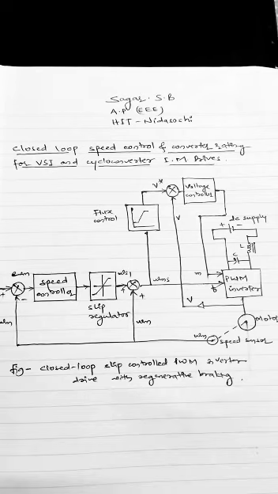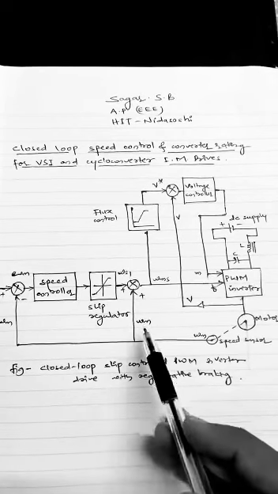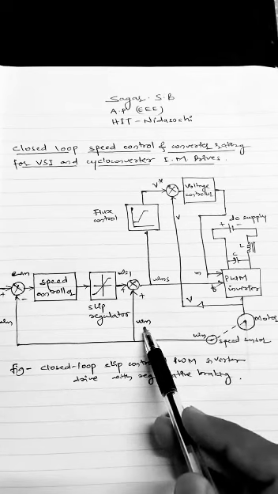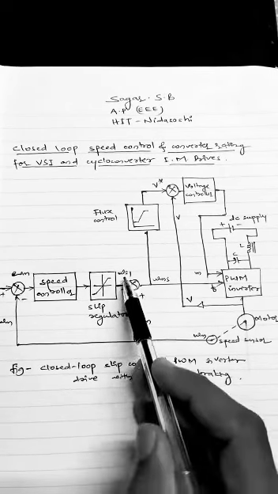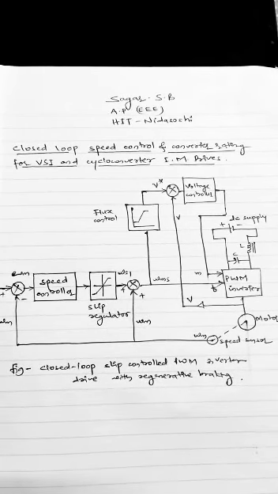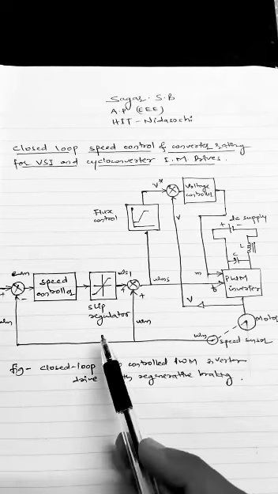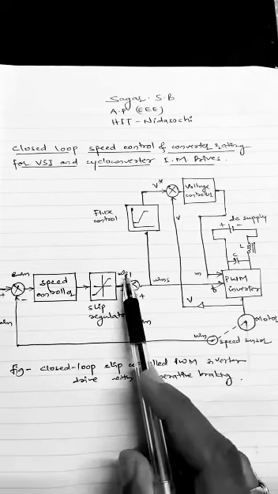Now the synchronous speed is obtained by adding the actual speed omega m and the slip speed omega s1. This determines the inverter frequency.